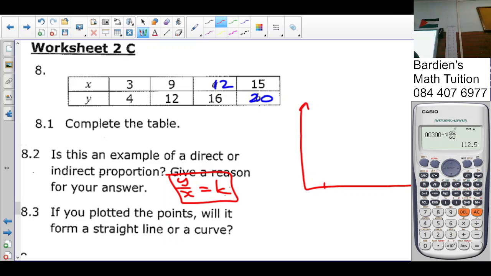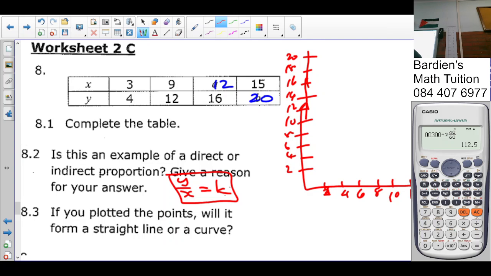If this is 1, 2, 3, 4, 5, 6, 7, 8, 9, 10, and 1, 2, 3, 4, 5. So if you take 3 and 4, let's go 2, 4, 6, 8, 10, 12, 14, 16, 18, 20.